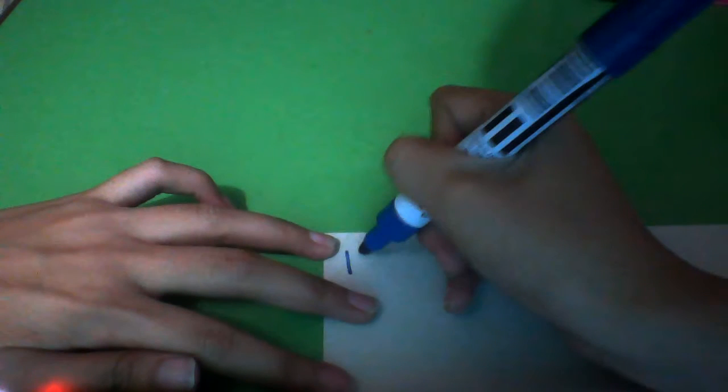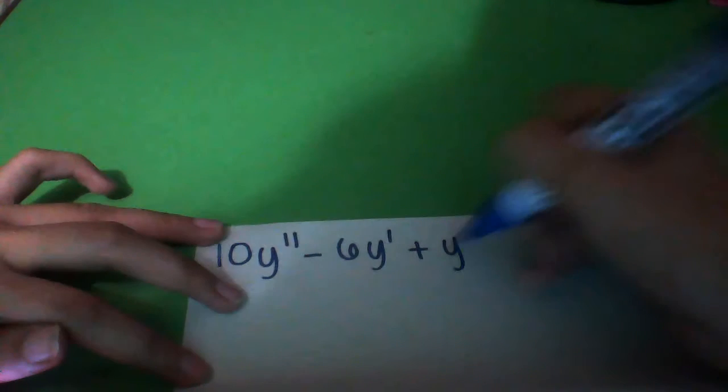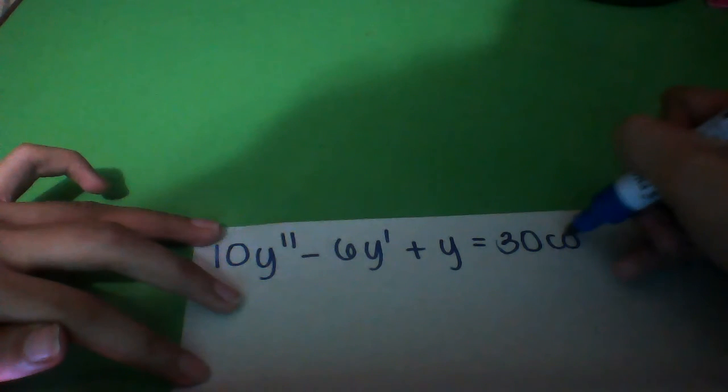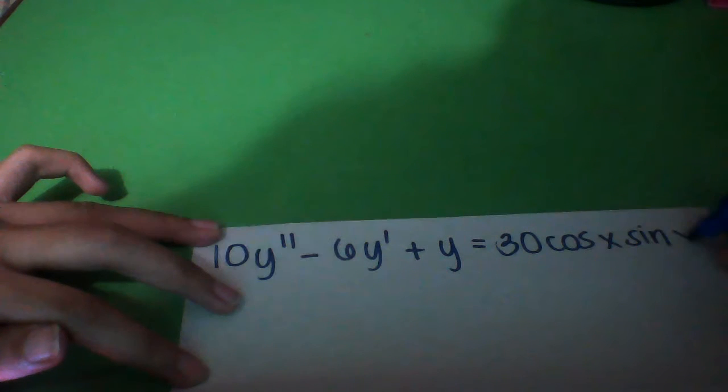The second problem is finding the complete solution of the equation y double prime minus 6y prime plus y equals 30 cosine x sine x.